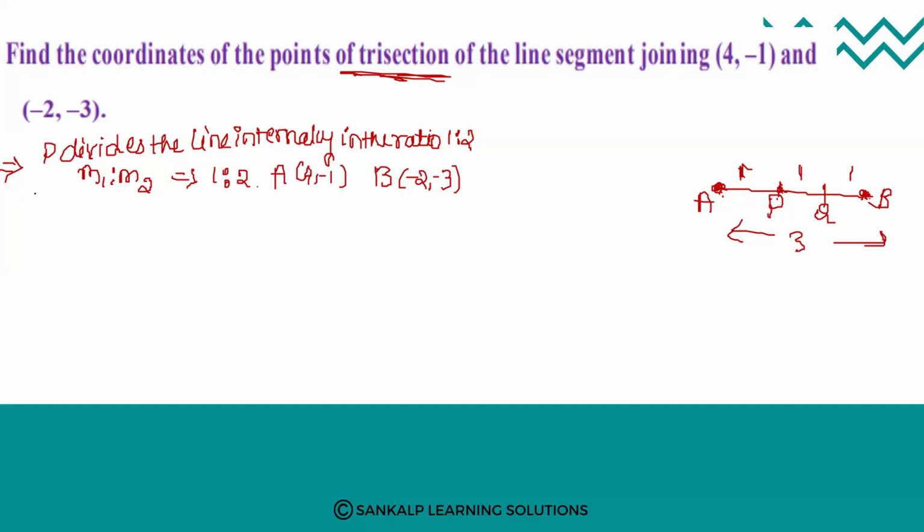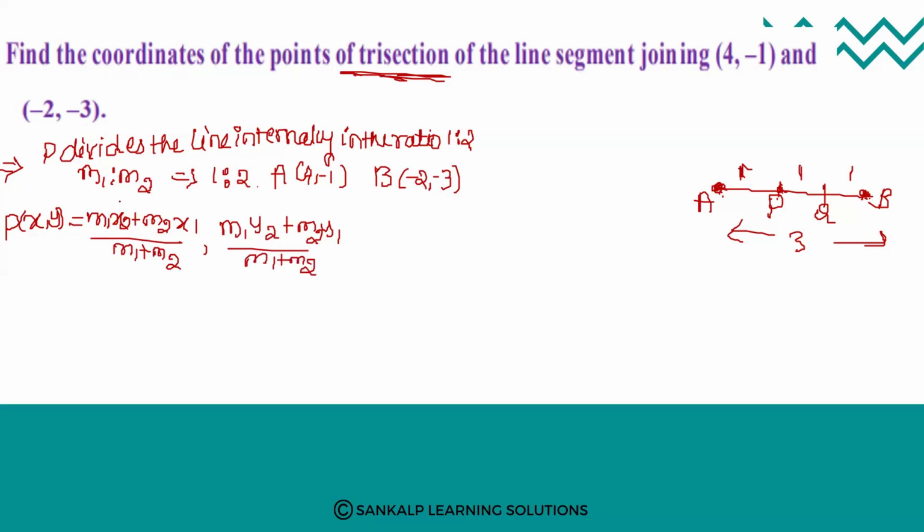Now by using the section formula, we can find the coordinates of P. P(x, y) is equal to (m1 x2 plus m2 x1) divided by (m1 plus m2), (m1 y2 plus m2 y1) divided by (m1 plus m2).